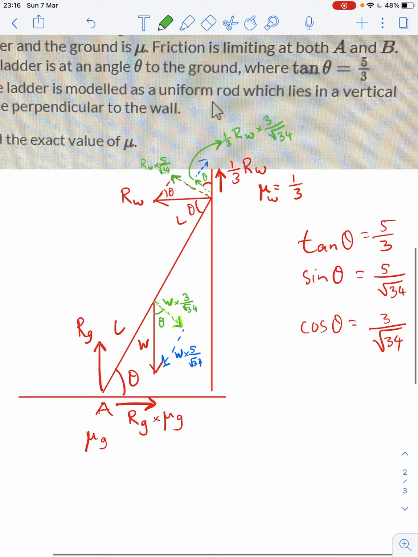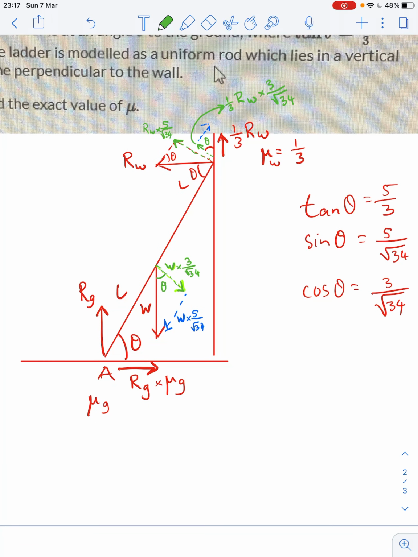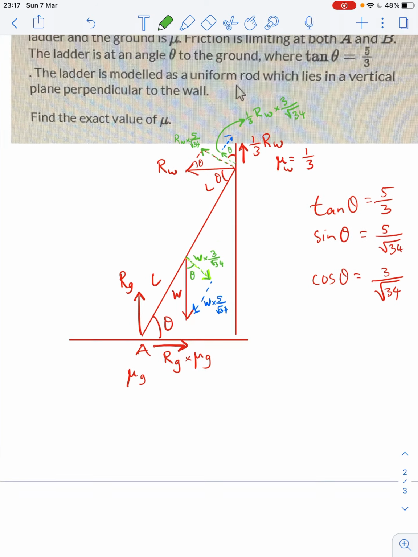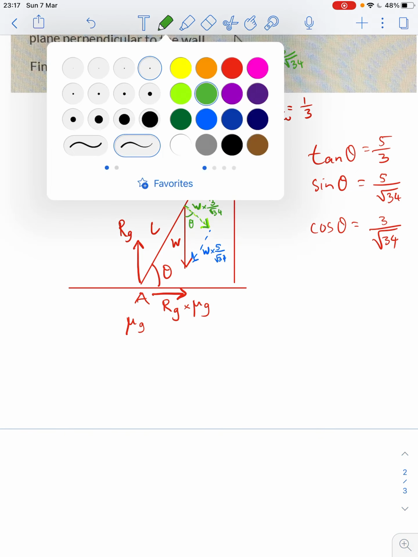Okay, I think that's just about everything I need. So let's get going. Let's start with moments.